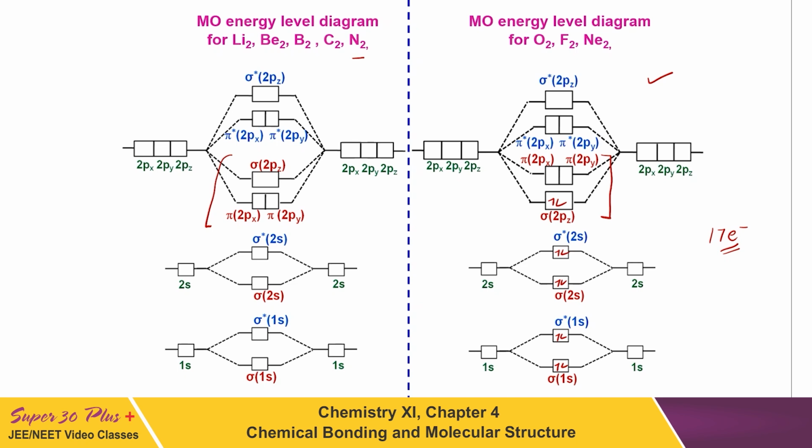Now since these two have the same energy, 11 and 12, 13 and 14, 16 and 17, and one more electron is there. So these are 16 electrons, and now the 17th electron will enter here. So how many unpaired electrons are there? Only O2 minus has 1.